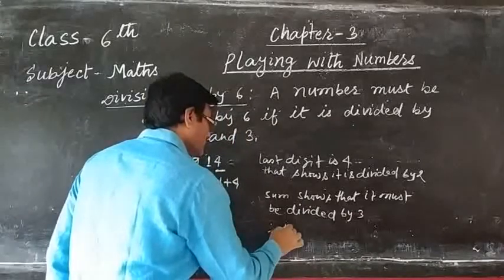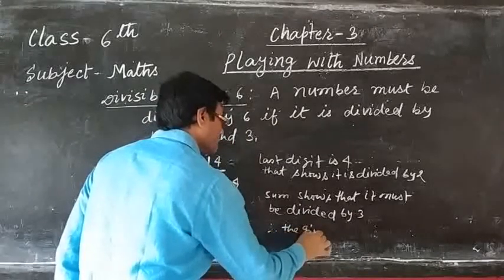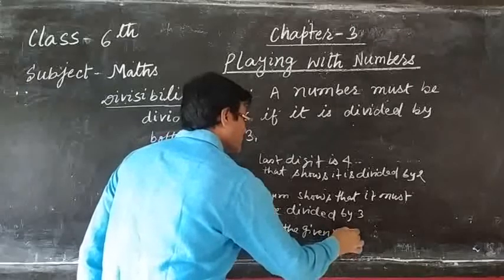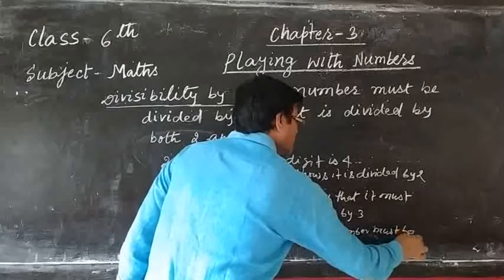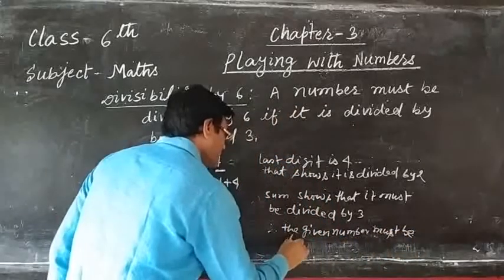Therefore, the given number must be divisible by 6.